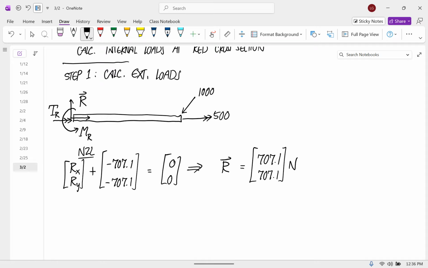And now I'm going to do the couples. I guess I'll first do it about the z-axis. So we have MR plus. So now let's think about the moment produced by this 1,000 Newton force. There's a component like that and a component like that. The horizontal component isn't going to produce any moment, but the vertical one is.